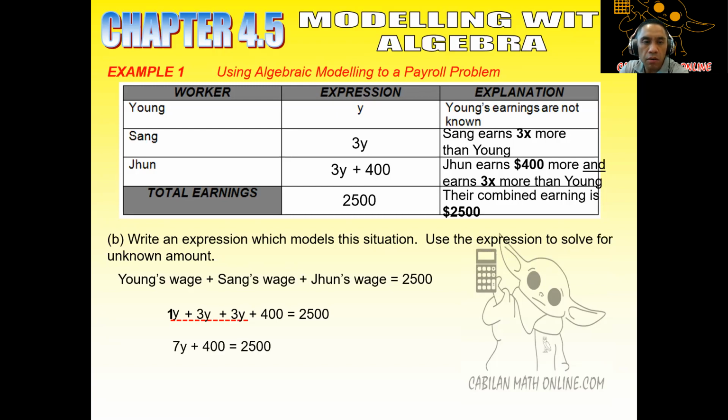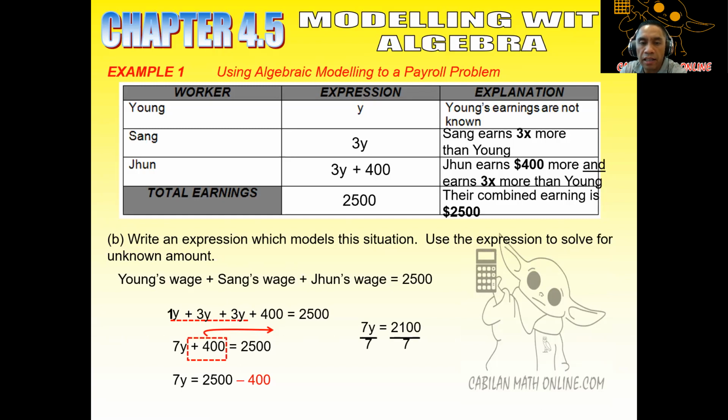Now, from here, what we want to do is isolate the y, and that will give us the first answer for the first wage, which in this case is Young. So to isolate y, we're going to take the 400, move it to the other side, and subtract it from the 2,500, which is already there. And last but not least, we want to isolate the y, and we just have to perform the opposite operation, which in this case is division, specifically division by the coefficient, which is 7.